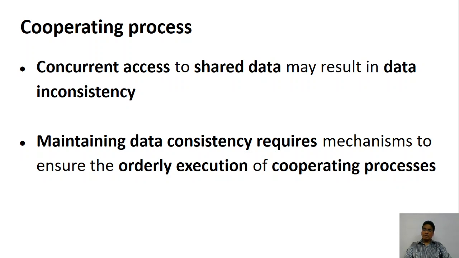So there must be an orderly execution of the cooperative processes, so that when one of them is updating, the others should not read or manipulate the data until the first process has completed. In other words, when we have shared data, only one process must be allowed to interact with it. Only once it finishes its work are the others supposed to read or access the shared data.